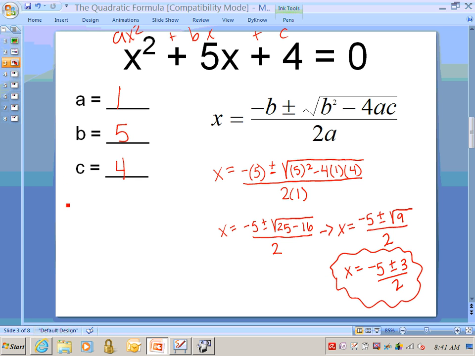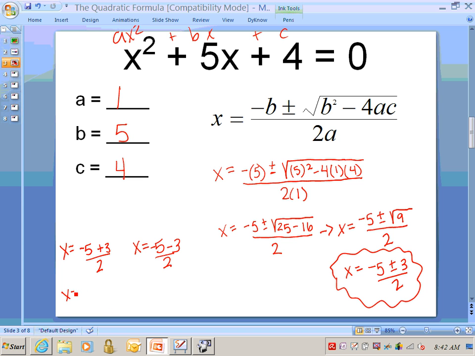So we're going to write the first one with plus, so I'm going to say x equals negative 5 plus 3 divided by 2. The second one's going to say x equals negative 5 minus 3 divided by 2. And then we're going to work them out.